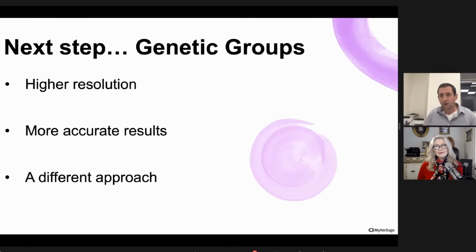Even though we were able to break those down into two groups, we still sometimes see mismatches, and people who should have been allocated completely to the Irish, Scottish, and Welsh side still get some English, and vice versa. That's the downside of the technology we're using for the ethnicity estimate we spoke about. So we knew we needed to use a different approach, try something else.